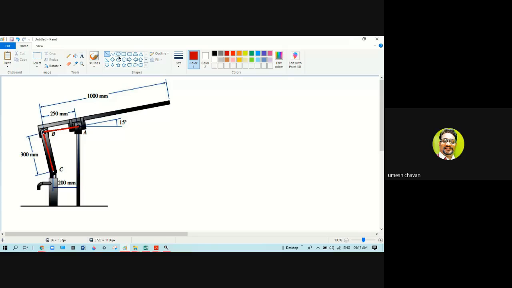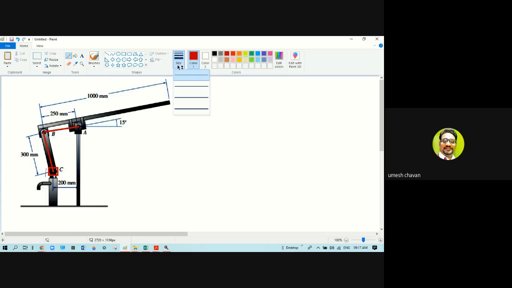Then the piston, because this dimension has no meaning. From C onwards up to the cylinder, there is no meaning. So here itself you can show the piston. Yes, this is the piston, and to have the cylinder location, the cylinder is there outside this.